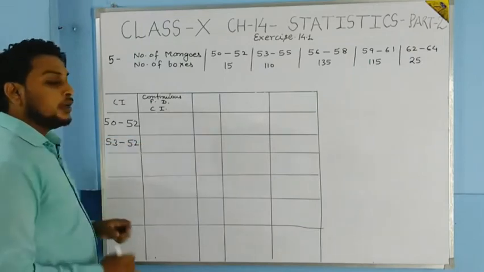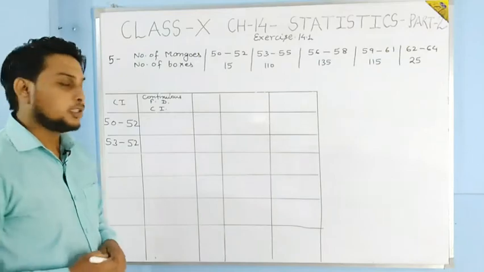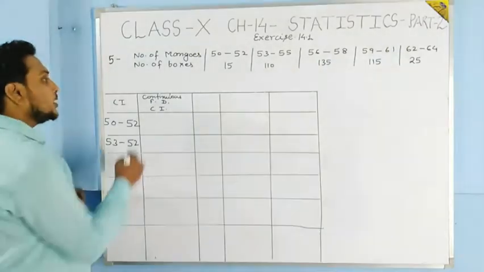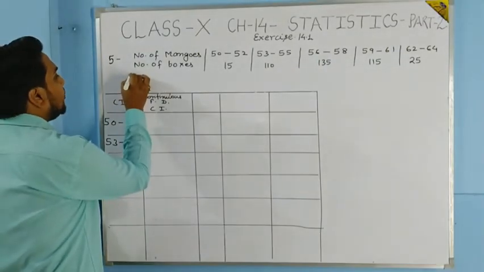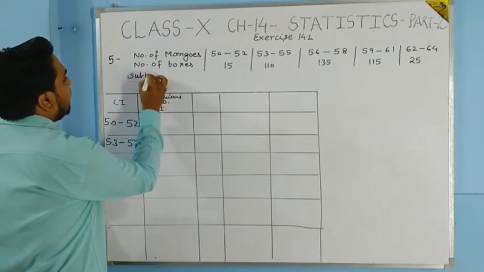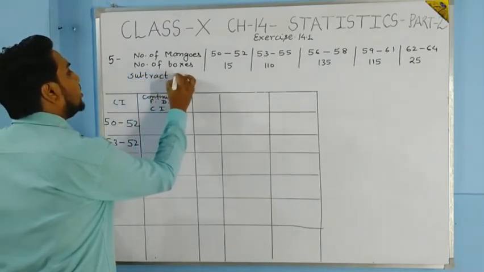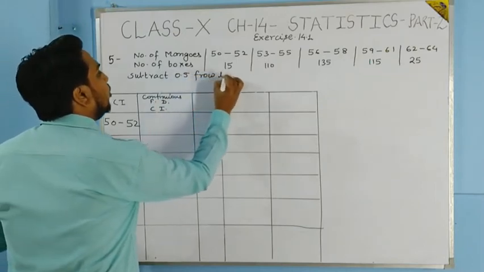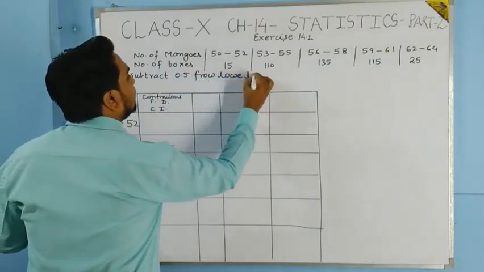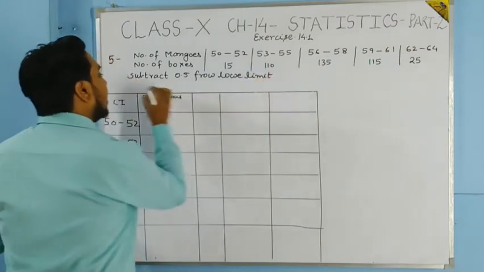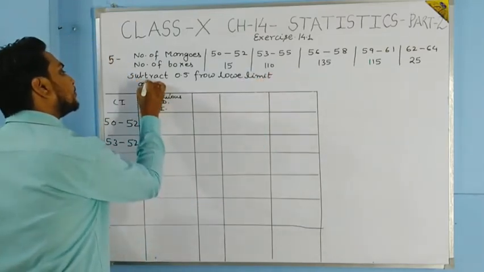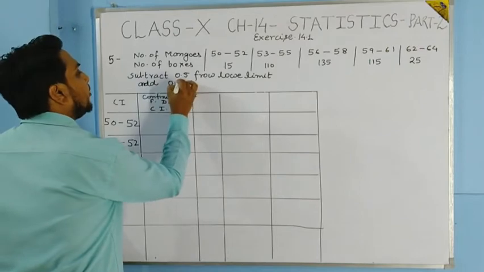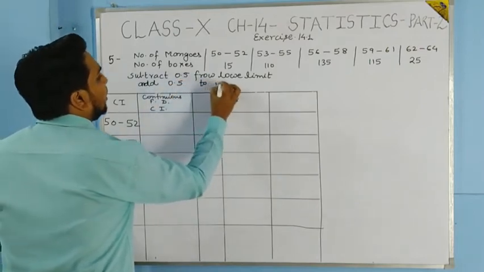How will we make it a continuous frequency distribution? For that, students, you have to subtract 0.5 from the lower limit, and add 0.5 to the upper limit.